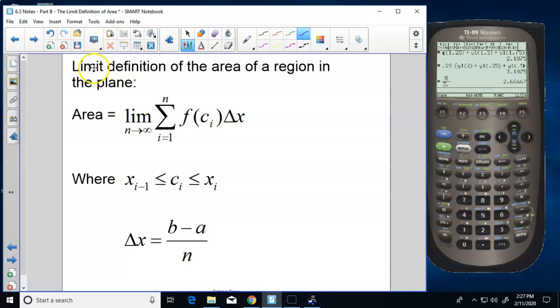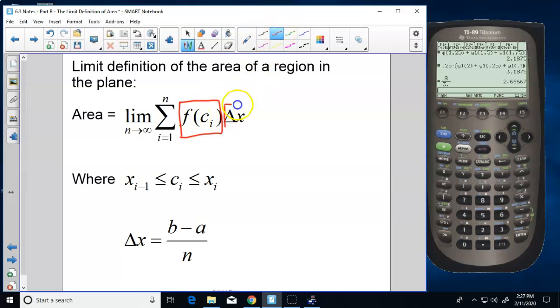So the limit definition of the area of a region in the plane is the limit as n approaches infinity of the sum from 1 to n of f of ci. This right here is your f of 2 over n, f of 3 over n, f of 4 over n, f of 5 over n, 6 over n, all that stuff, times delta x.